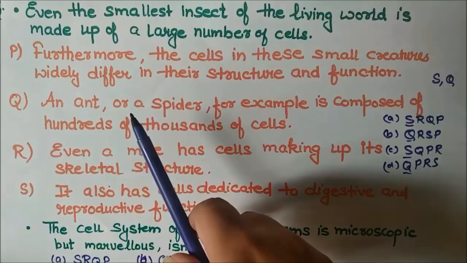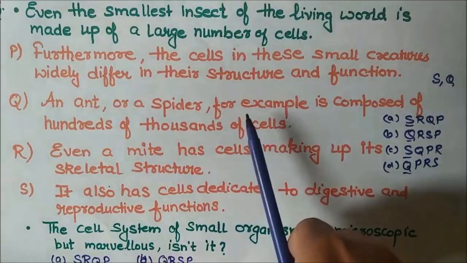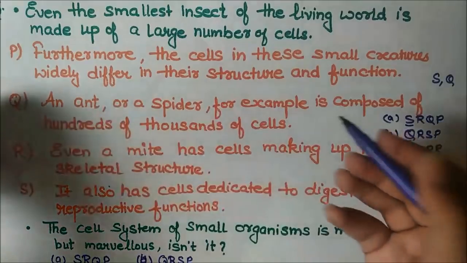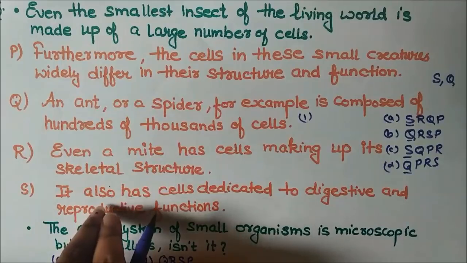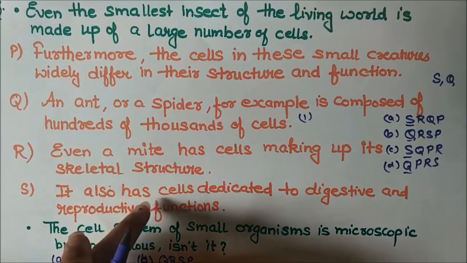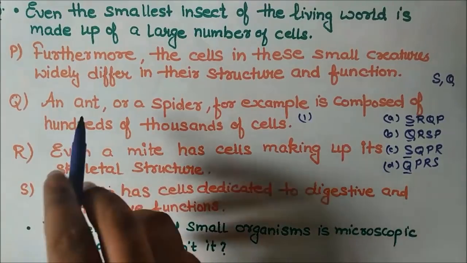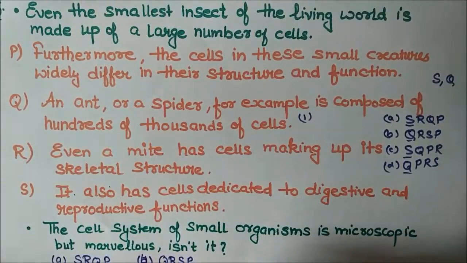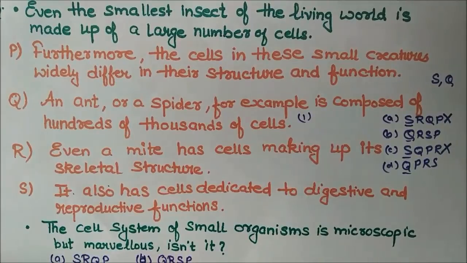If I go with Q, "An ant or a spider, for example, is composed of hundreds of thousands of cells." I think I should start with Q. Why Q? Because if I start with S, it is mentioned "it also has cells," which means we have already discussed something. So I should go with Q: "An ant or a spider, for example, is composed of hundreds of thousands of cells." That means these two options are already out.